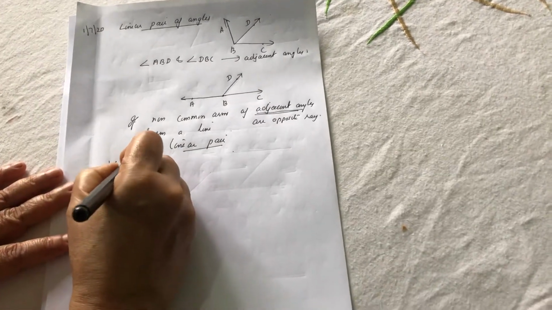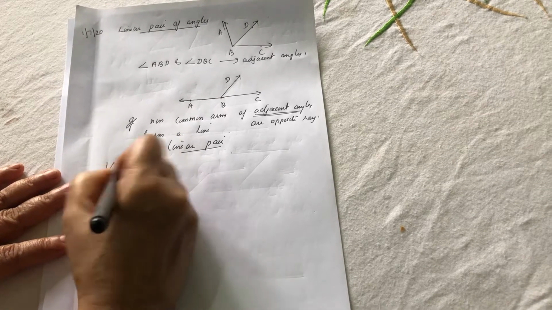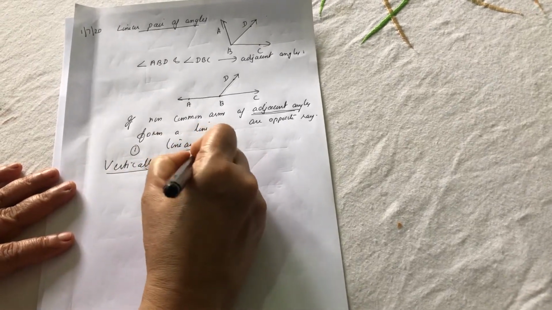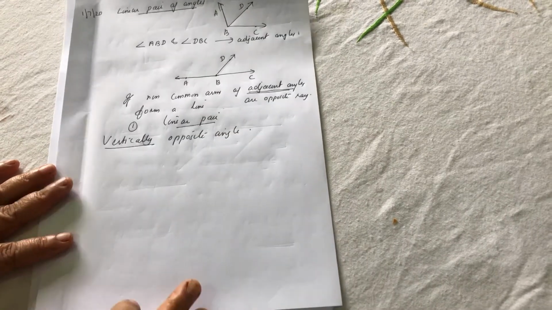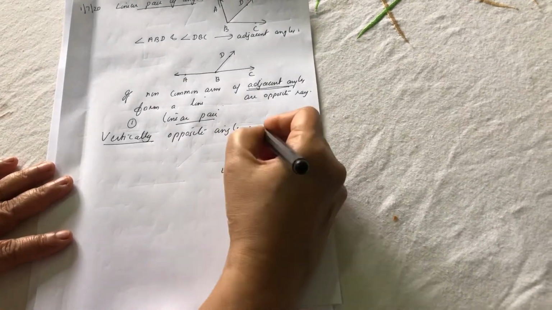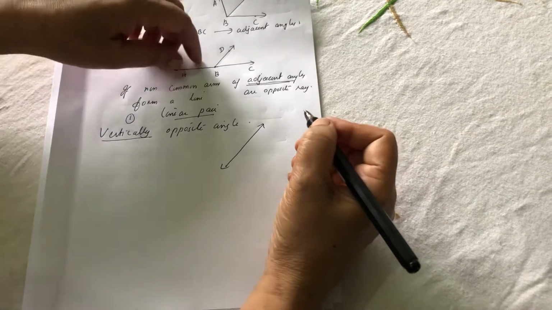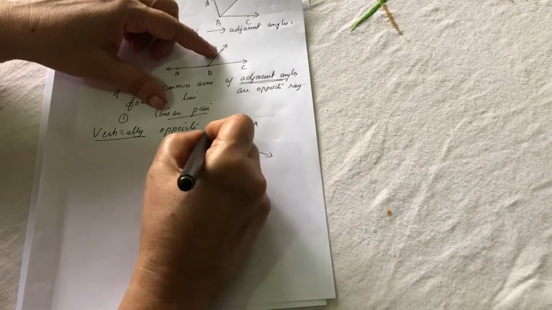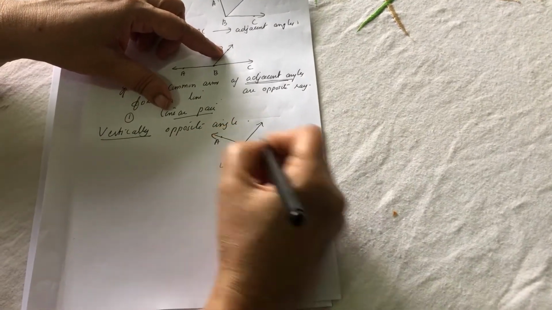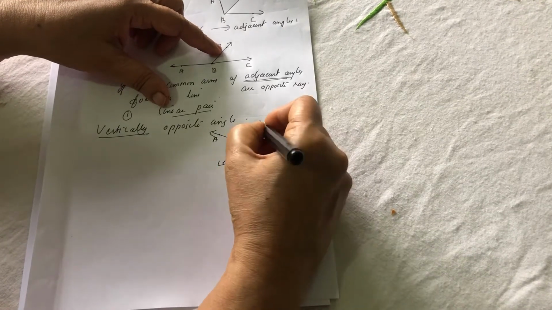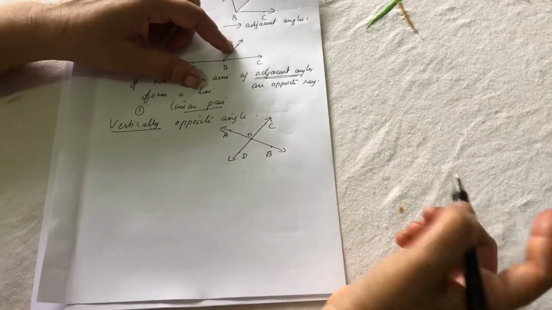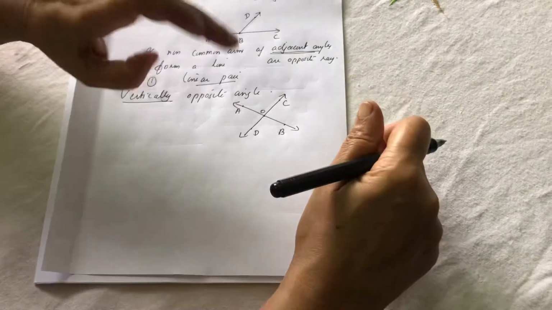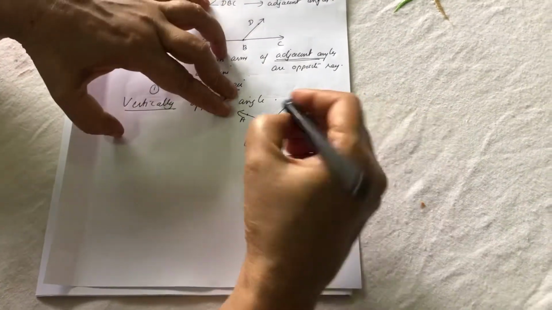Now what do you mean by vertically opposite angles? Any two lines which intersect each other at a point. Suppose this is a line AB, this is a line CD, and it intersects at a point O. Then two pairs of vertically opposite angles are formed.